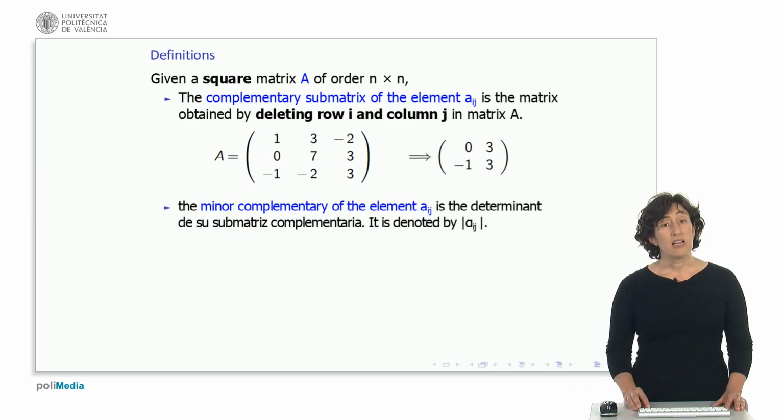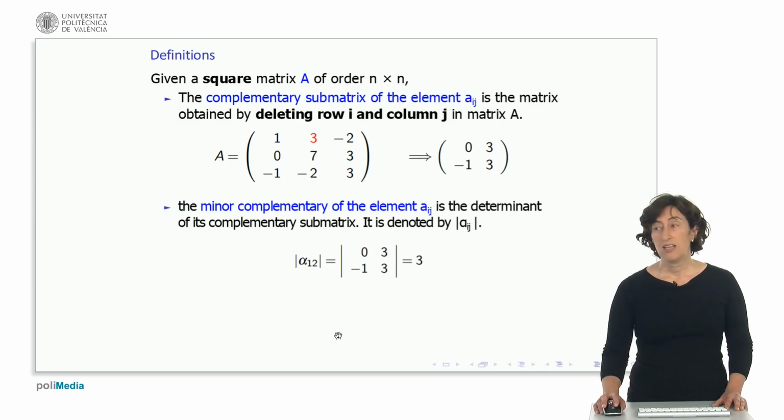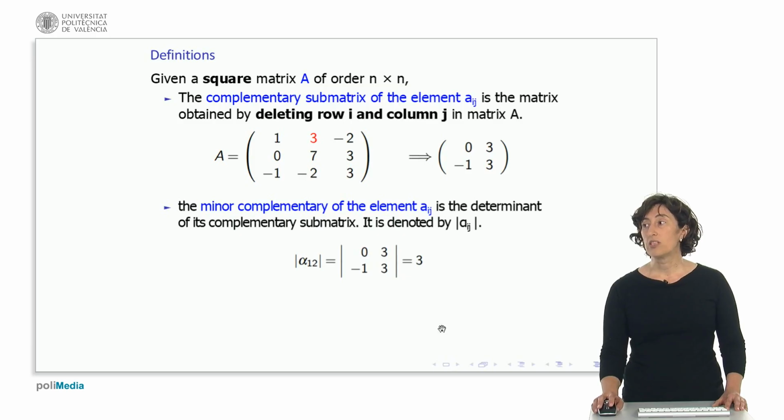Well, if we also add a sign to that number, we obtain what is called the adjoint of the element a sub ij. It is the number that results from adding a sign to the complementary minor. And that sign will depend on the position that the element a sub ij occupies. That is, it will depend on minus 1 raised to i plus j, where ij is the position of that element.